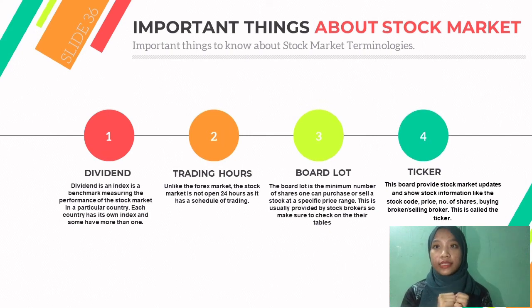Fourth, tickers. This board provides stock market updates and shows stock information like the stock code, price, number of shares, buying brokers, or selling brokers. This is called the ticker.